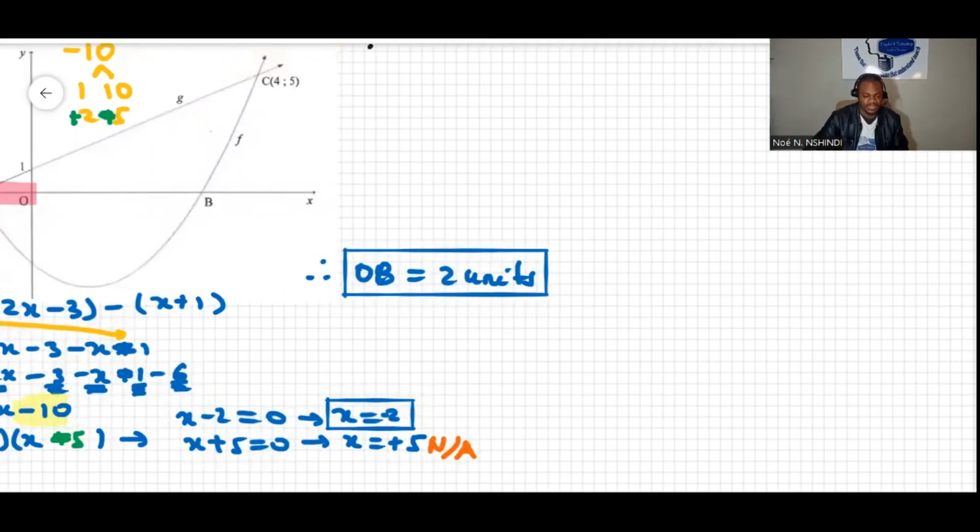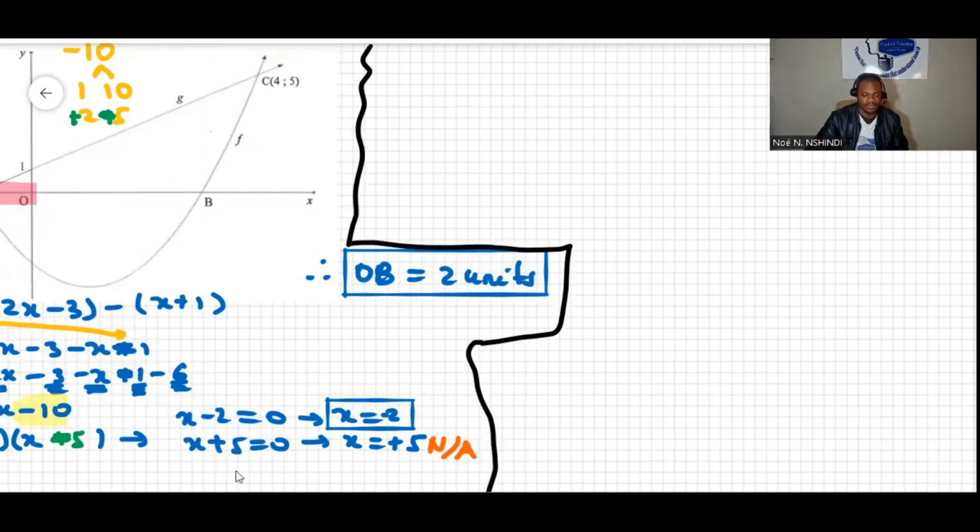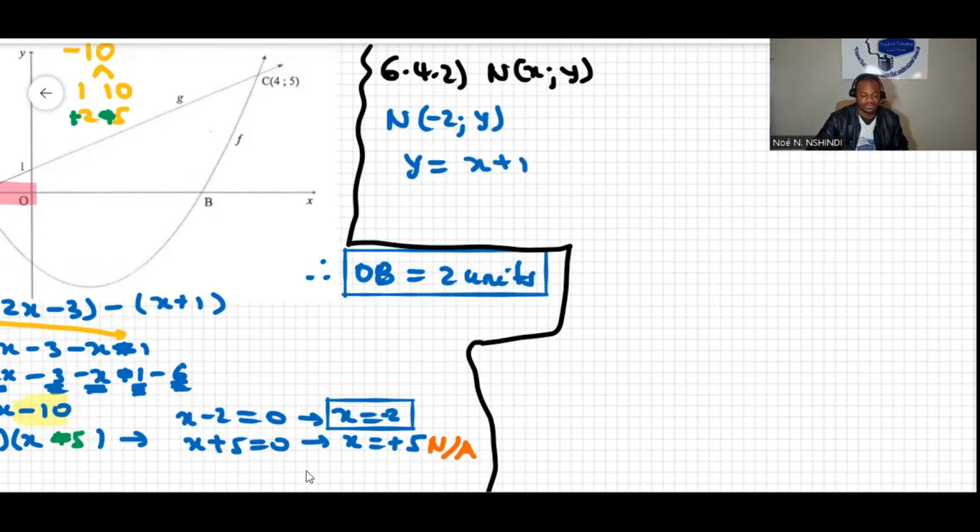6.4.2. We're looking for the coordinates of N. Like in the previous question, we already got x was negative 2, and then we need the y coordinate. Now, the equation of the straight line was given by y equals x plus 1.